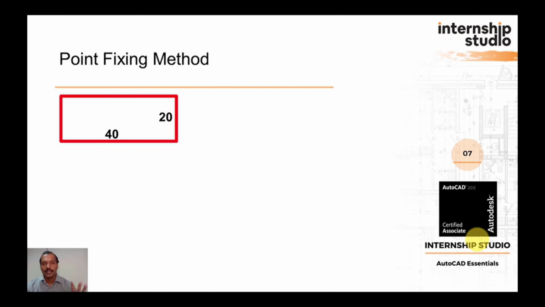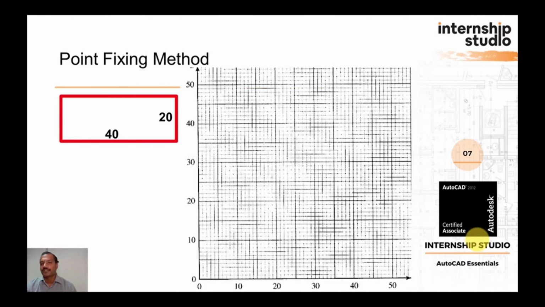I'm going to draw this rectangle of 40 cross 20. Let me take the graph sheet. Now I'm going to fix the first point. We can fix it anywhere, even 0,0 or 10,10, wherever we want. Let me take point number 1 as x10, y20. Now I have to fix point number 2.